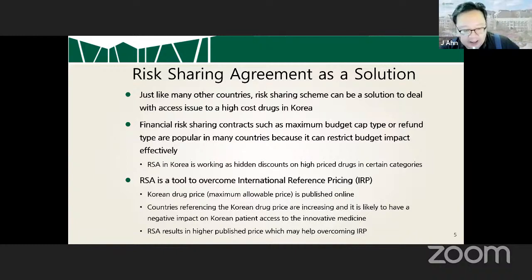That's why the risk-sharing agreement has been introduced in Korea, to guarantee fast access to innovative medicine. A risk-sharing agreement results in a high published price or sticker price, which may help overcome international reference pricing, which delays access to the Korean market.